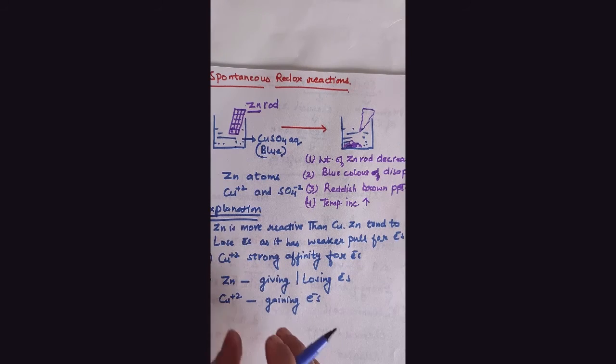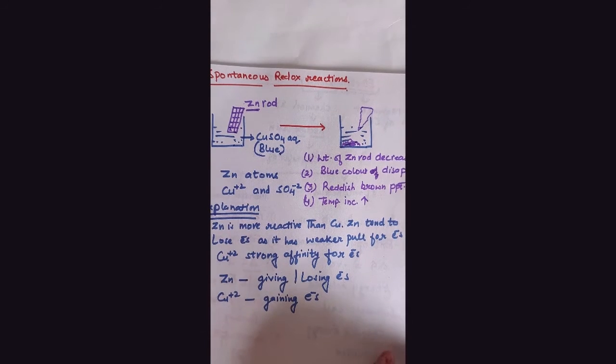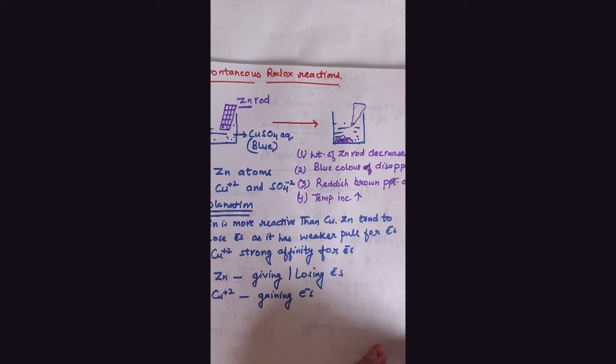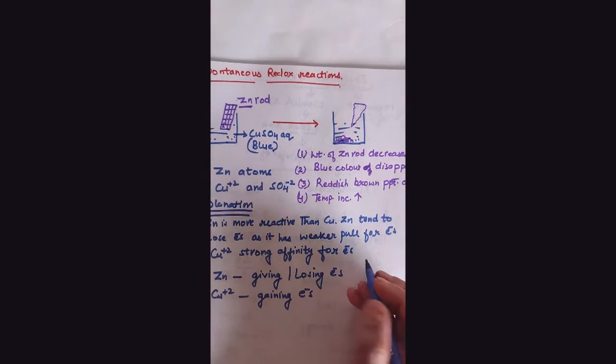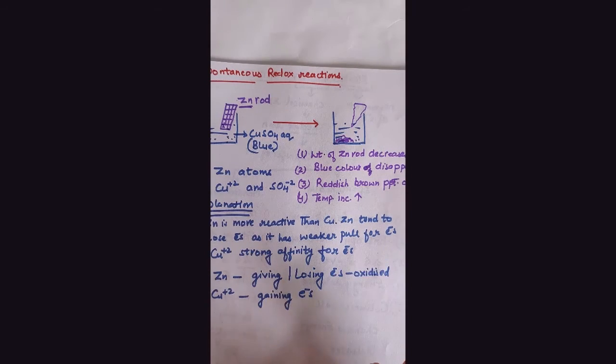Because zinc is giving its electrons, it is oxidized in this whole process. It is oxidized because losing electrons is which process? Oxidation. So zinc is oxidized in this whole process, and copper plus 2 is reduced.